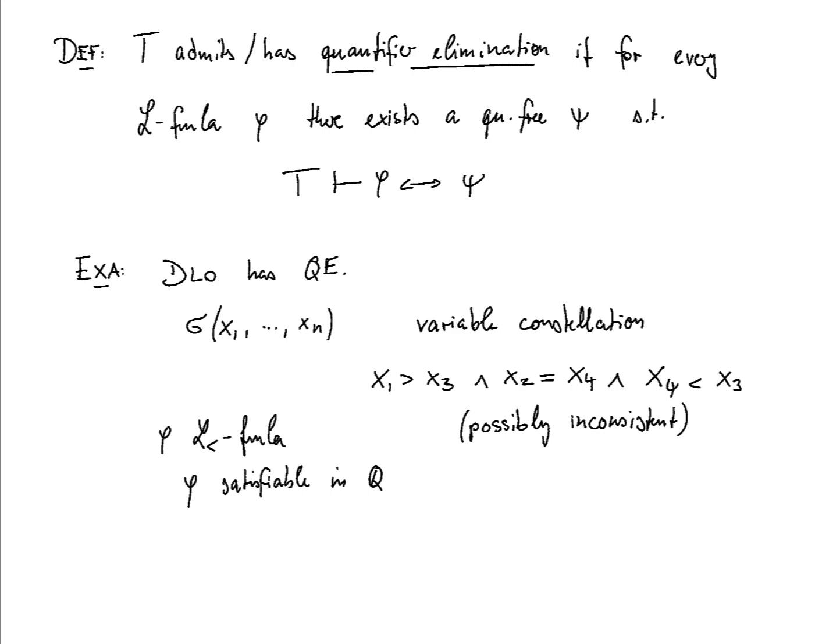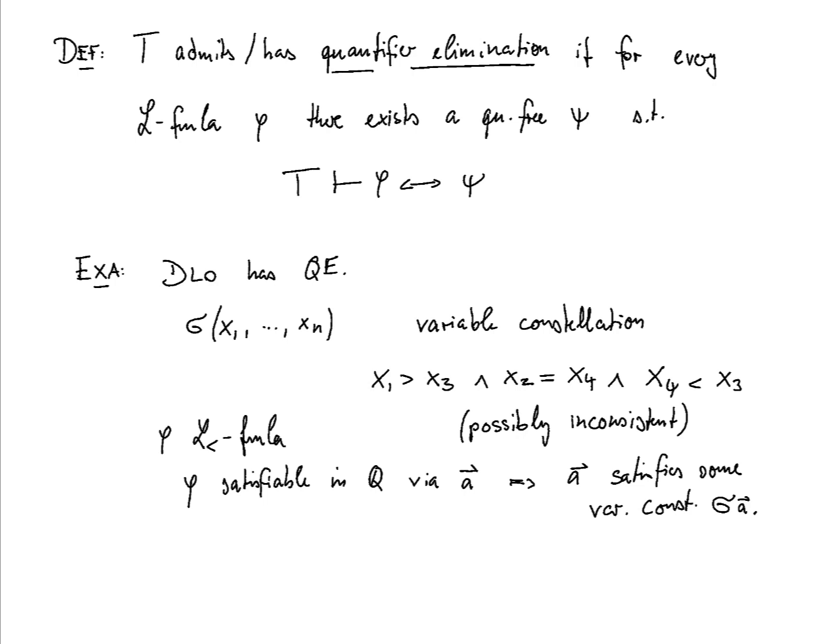Let's say via a tuple A. Then this tuple A satisfies some variable constellation, sigma sub A.